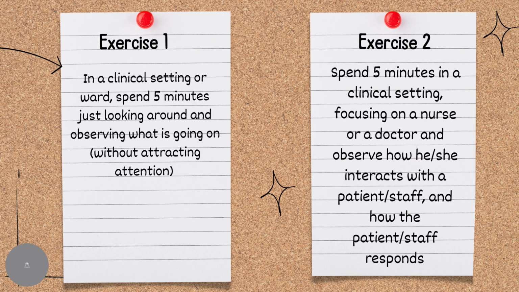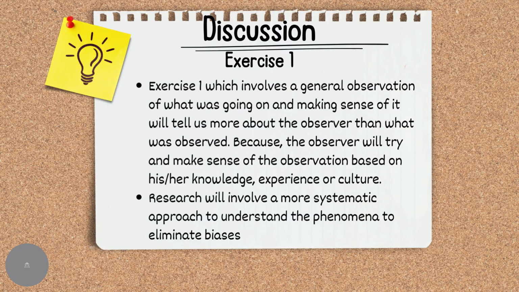You may decide to do this at the same time, or at different times. It's up to you. But I just want us to discuss a bit more about some of the differences between these two observations, and then we can make some conclusions out of that.